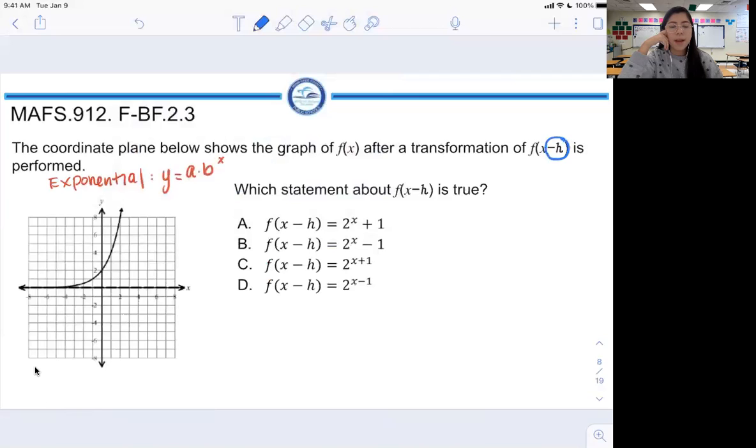I'll ask that one more time. Am I adding h to the whole function, and I say add, I mean subtract. Am I subtracting h to the whole function or just to the x? Just to the x, exactly.